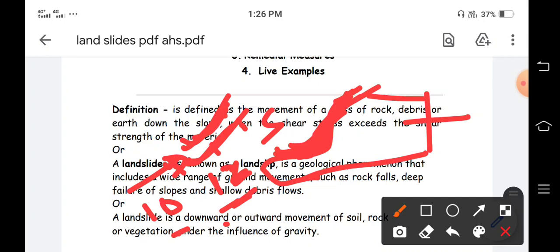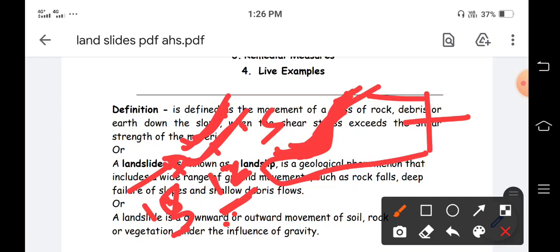For preventing this sliding, we have to provide more resistance, which is called shear strength. So the value of the shear strength must be greater than 12. If the shearing strength is greater than 12, say 13, our slope will be stable.